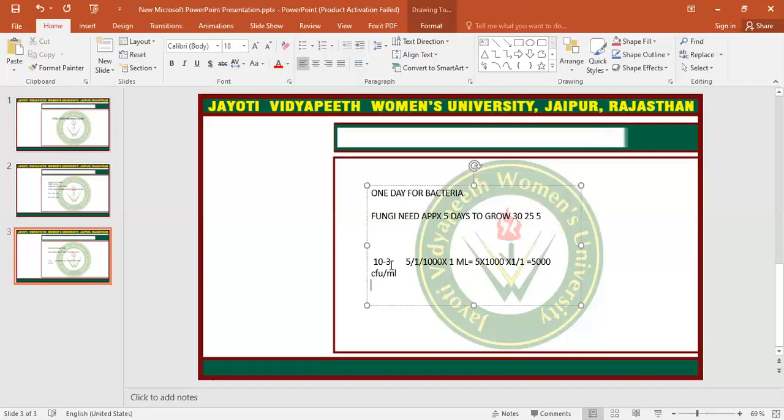So suppose in plate number 1 it was 5000 CFU. In plate number 2 we counted 4 colonies, and according to the 4 the colony forming unit is 4000. And in the third plate, we again got 5 colonies, then the colony forming unit is 5000 CFU.